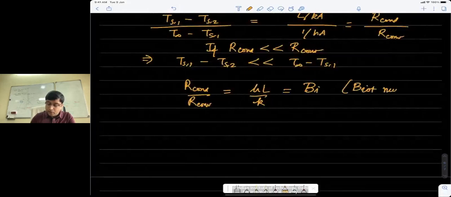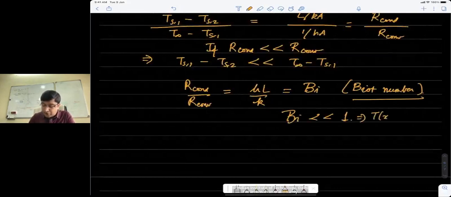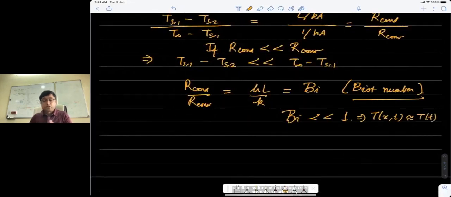Biot was the one who developed this theory, so it's given credit to him. So we are saying for the lumped capacitance model, Biot number should be much less than 1, and then this theory works. And then we can say that temperature as a function of x comma t is only a function of t, or we can approximate that. Okay, let me stop here now.